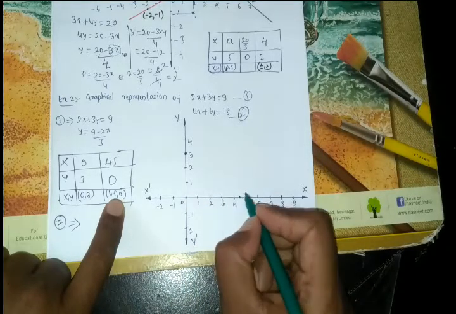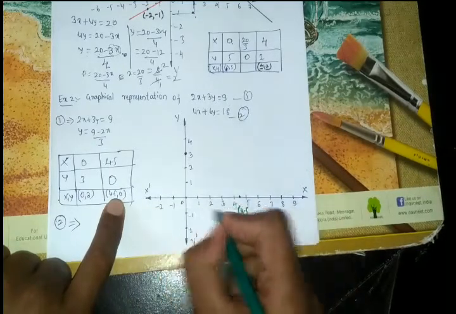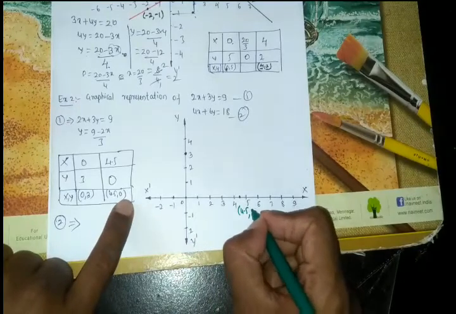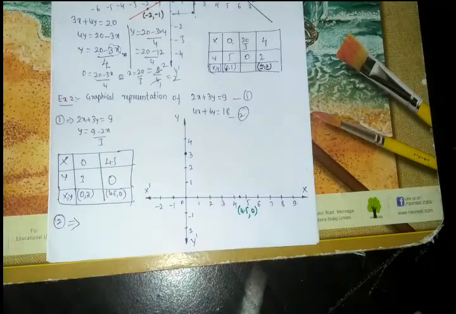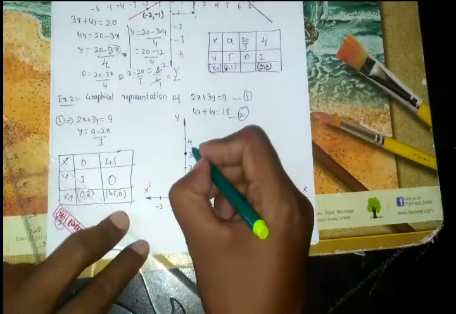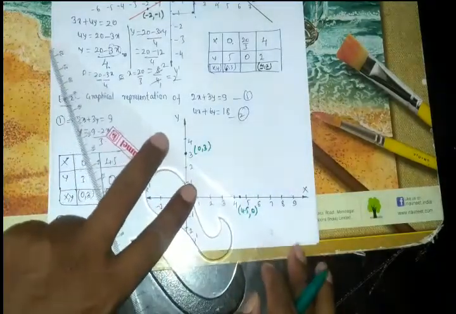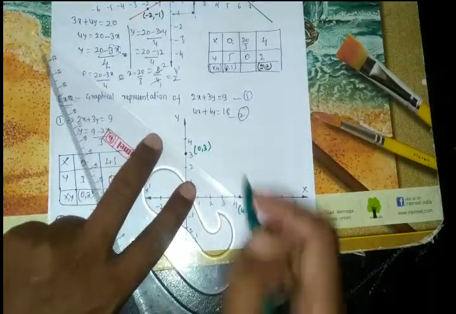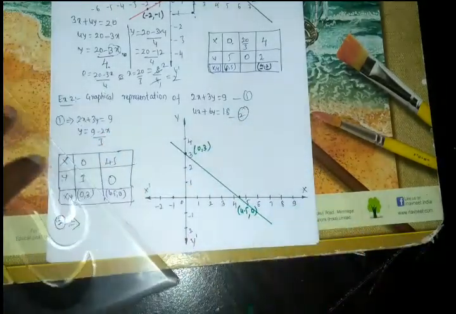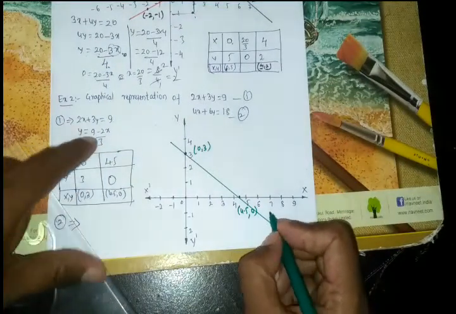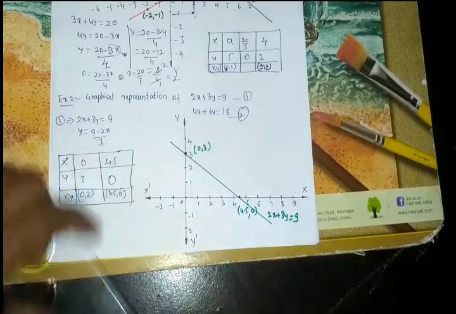This is the point, where 4.5 is the x and 0 is the y. Let me write this: this is (0, 3). Let me join these two points. This line represents the equation 2x plus 3y equals 9.